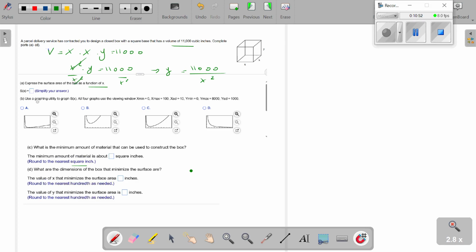Now I need to find the surface area. Surface area is the sum of all the surfaces, the area of all the surfaces. So we have 6 different surfaces here. We're going to find the area of all of them and add them together. So the top and the bottom surfaces are just 2 squares, and the sides are x and x.